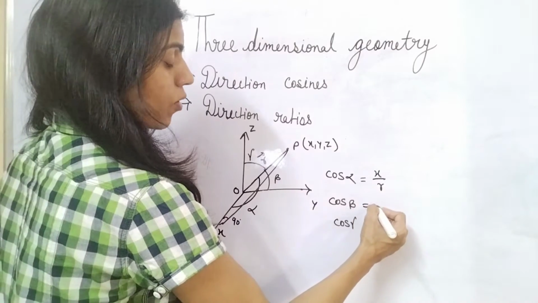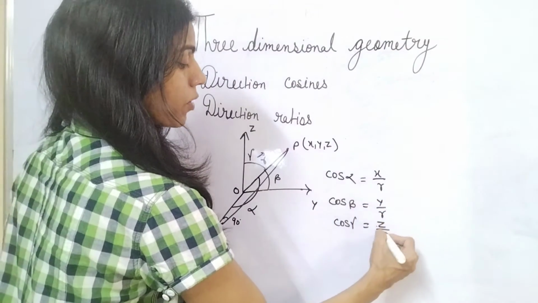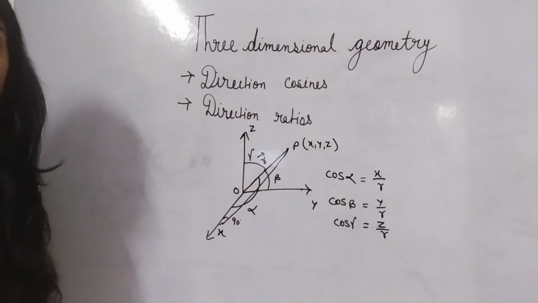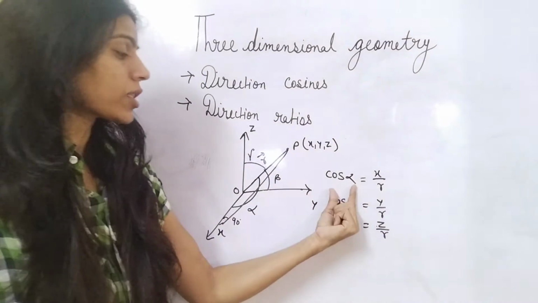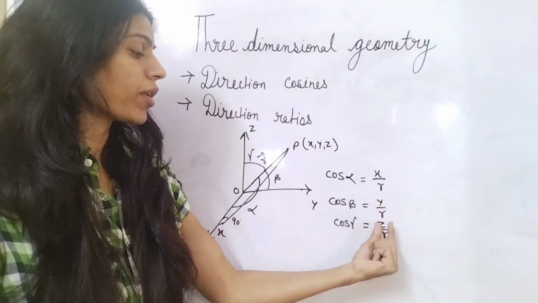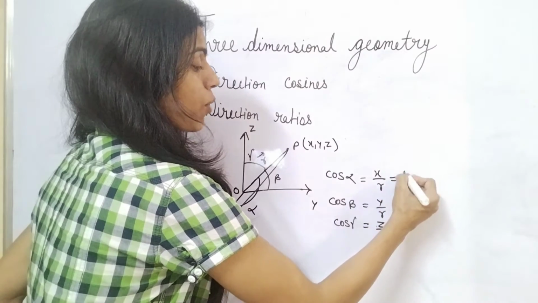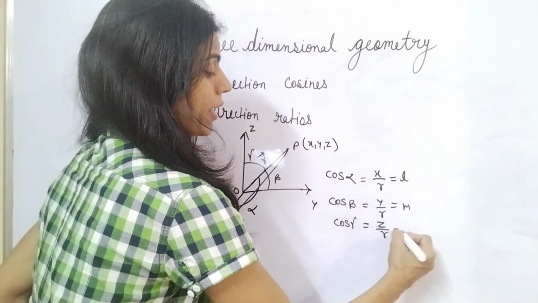In the same way I can write cos beta as y upon r and cos gamma as z upon r, right? So students, cos alpha, cos beta and cos gamma are equal to x upon r, y upon r and z upon r, and we write these as l, m and n.